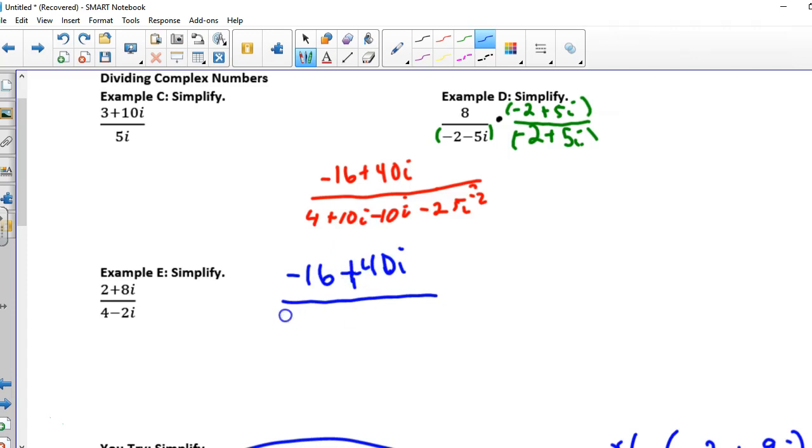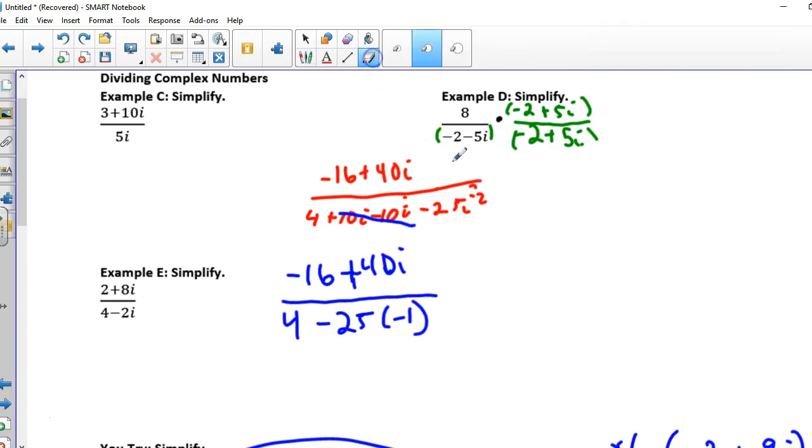Now right here, we're going to simplify this denominator. If you see 10i minus 10i, that cancels, guys, to be 0. So we're left with 25, and i squared is -1.